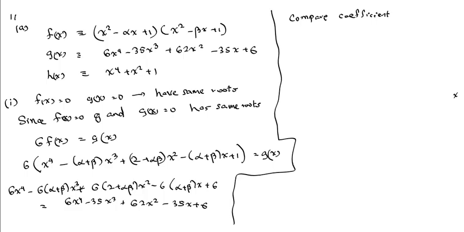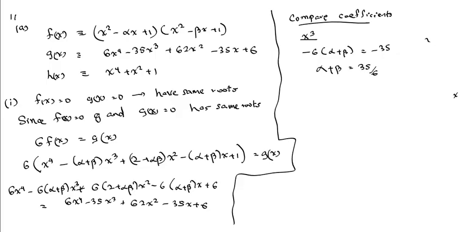If I compare coefficients, we can compare the coefficient of x to the power 3. You can see that minus 6 times alpha plus beta will give you, on the right hand side, minus 35, which means alpha plus beta equals 35 divided by 6.